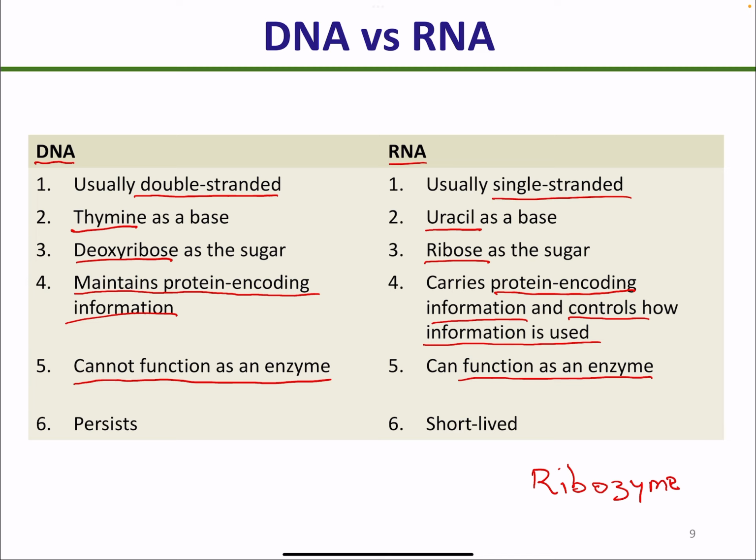There we go. And then DNA persists, can be passed down from parents to offspring. That is not the case for RNA. Okay? RNA is short-lived. Okay? RNA is produced, then it's destroyed. But DNA is always there.